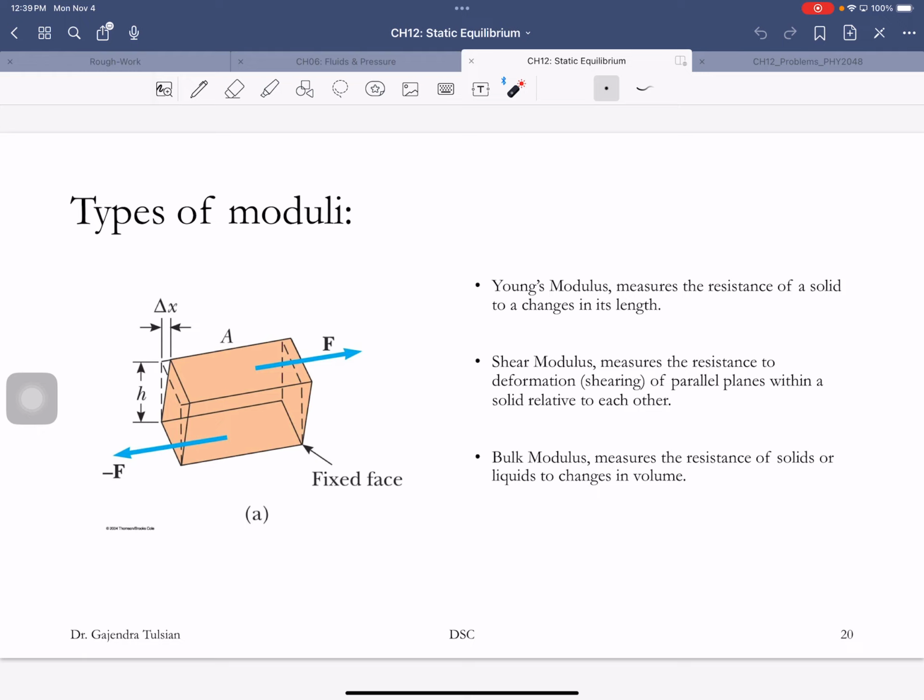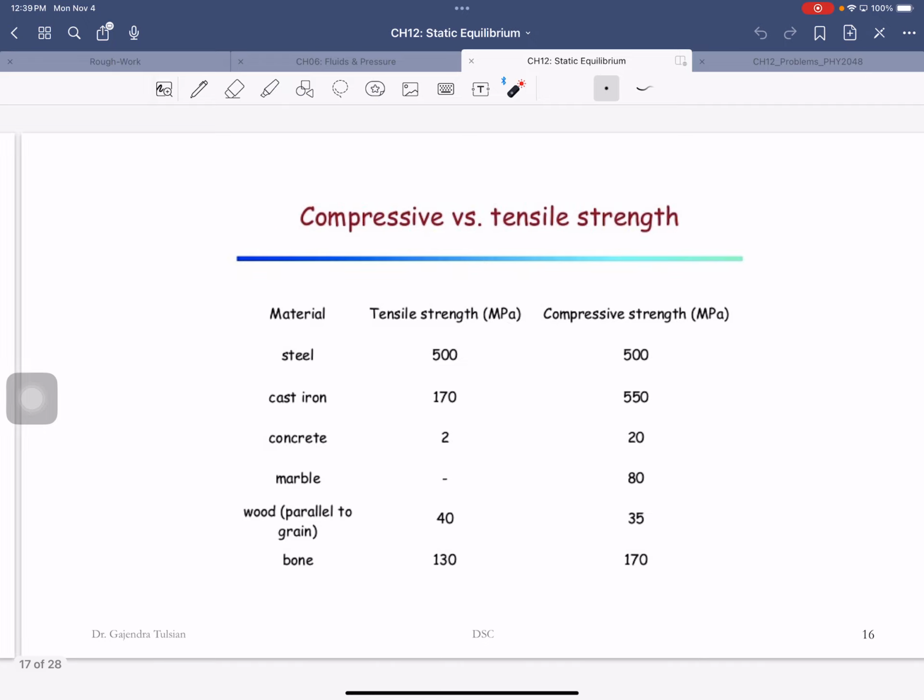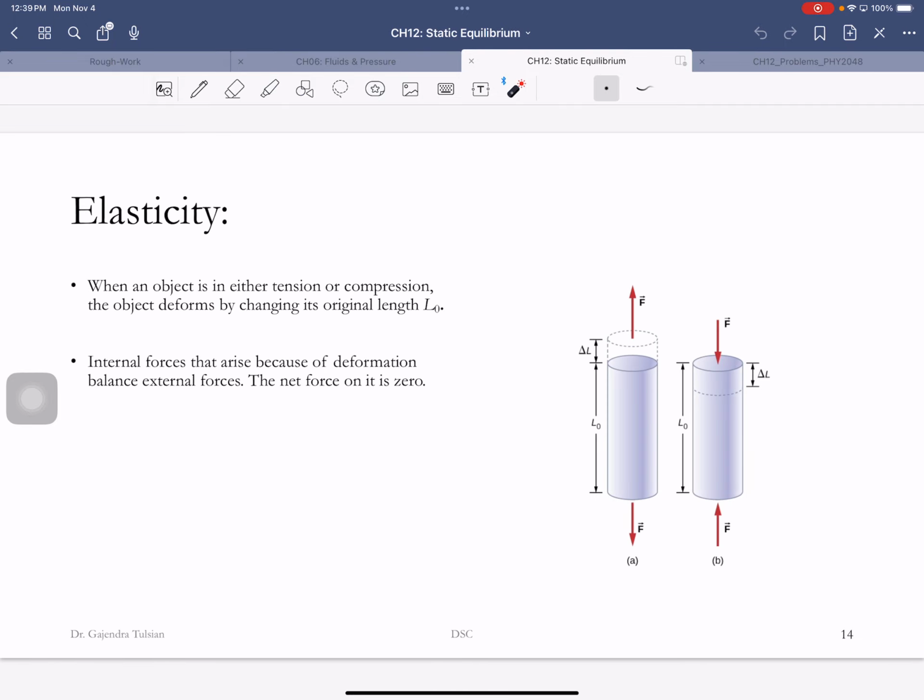All right, so here in this object, you're applying a tensile stress. Here you're applying a compressive stress. So when you apply tensile stress, the length of the object increases. When you apply compressive stress, the length of the object decreases.